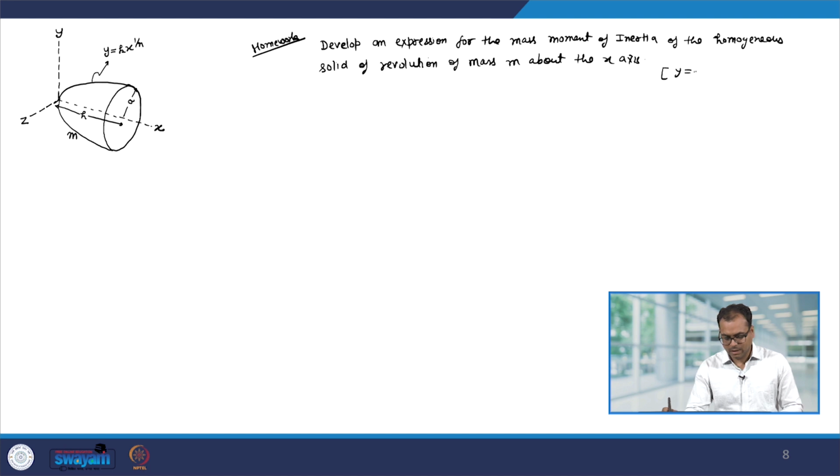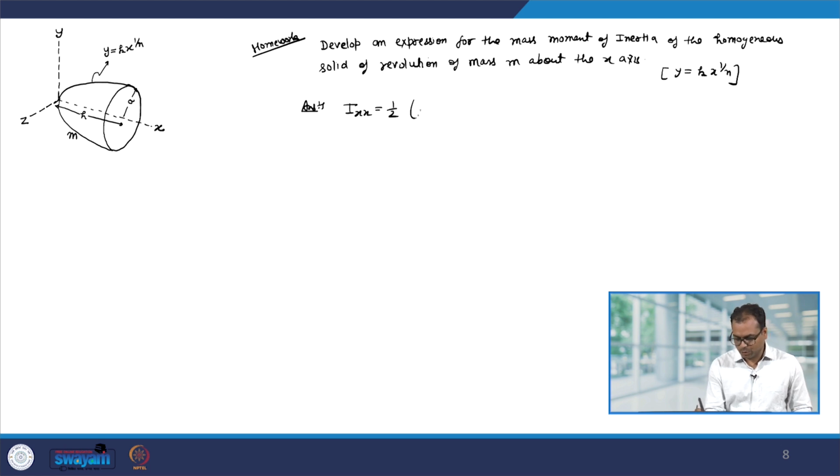Equation is y equal to k x to the power 1 by n. Its answer is Ixx will be 1 by 2, (2 plus n) divided by (4 plus n), into m a square. So, you can take it as a homework problem, and you can find out the moment of inertia about x axis, and it will be this.